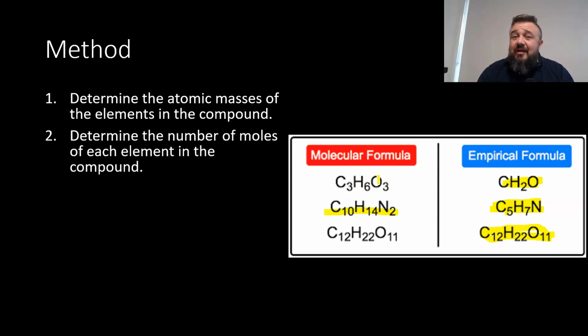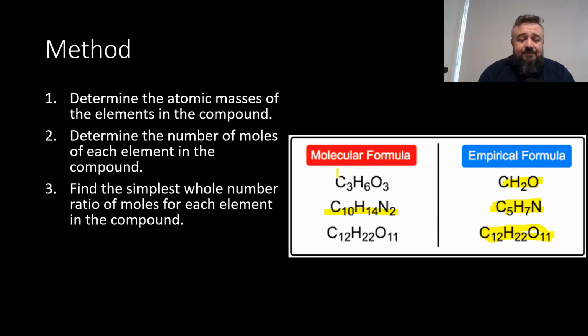We then determine the number of moles of each element in the compound. For example, you'd be told that you had X number of grams of each of these, and you can divide the grams by the molar mass, same as n equals mass over molar mass. And you record that for each one.